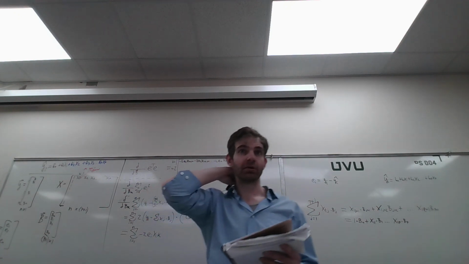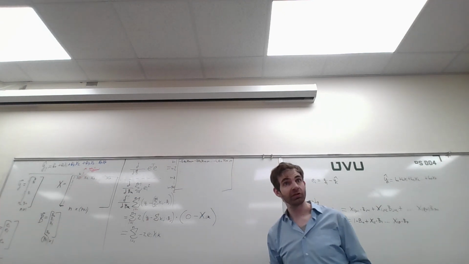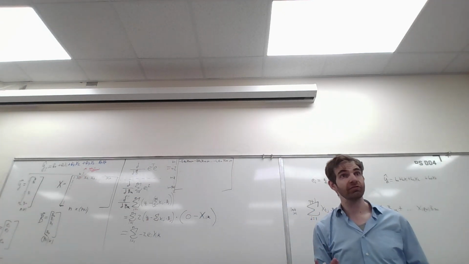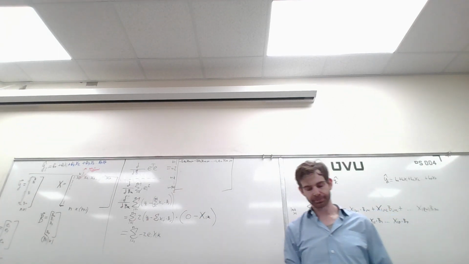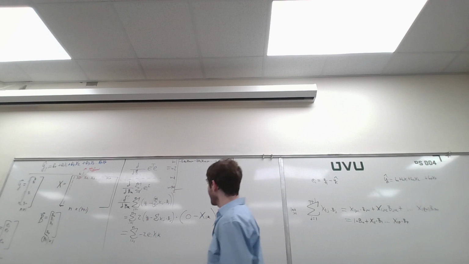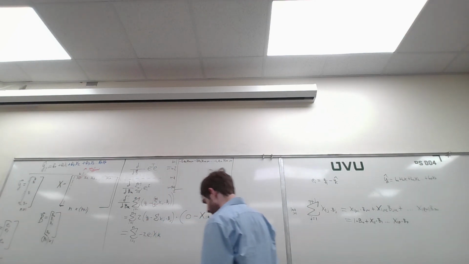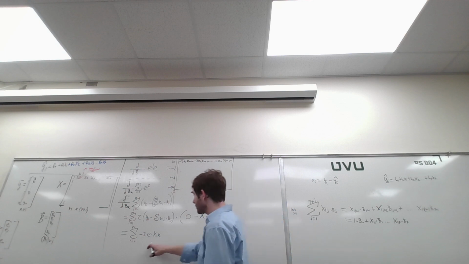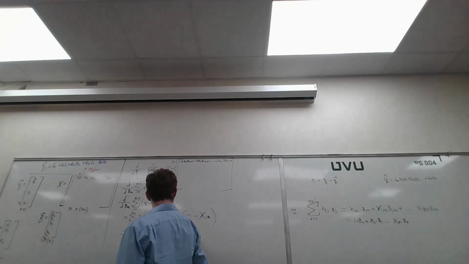People cool with that? Okay, so that's what our derivative vector is going to look like. It's going to have that form. Now, what I want people to be aware of is that I have one of these for each k.